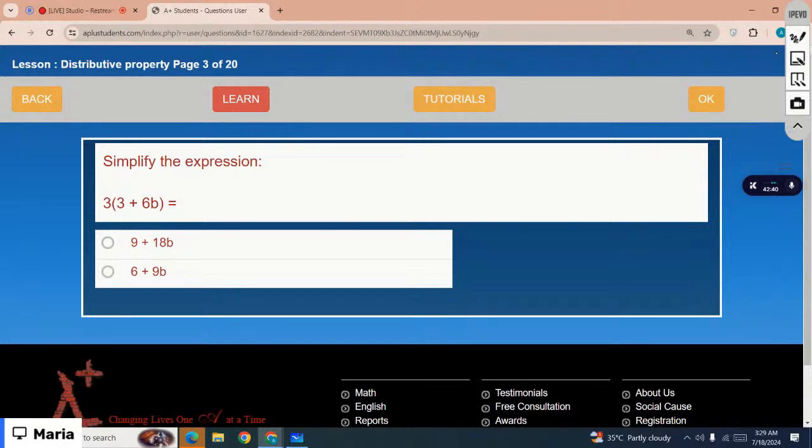Simplify the expression, which is the correct option. You have to multiply 3 times 3 plus 6b, so which is the correct option?